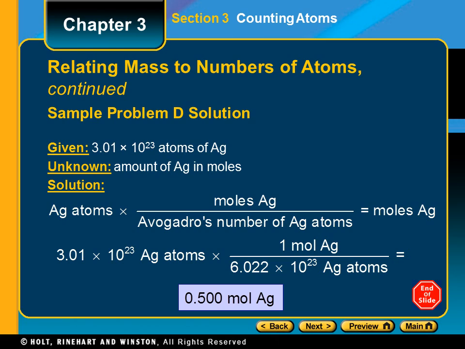If you know number of atoms, then you can figure out moles, and you can figure out grams. If you know number of moles, you can figure out number of atoms and grams. If you know grams, you can figure out number of atoms and moles.